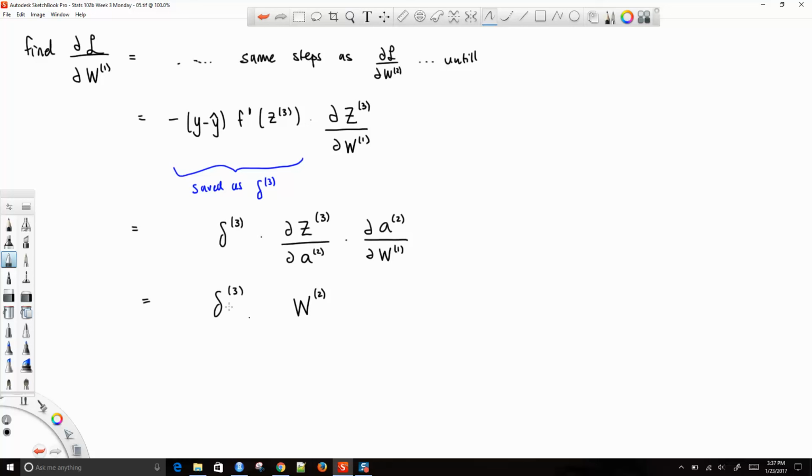With the way the multiplication works out, delta we established to be n by 1, and W2 is going to be 3 by 1. So for the multiplication to work out, we're going to transpose this, and we have a 1 by 3.